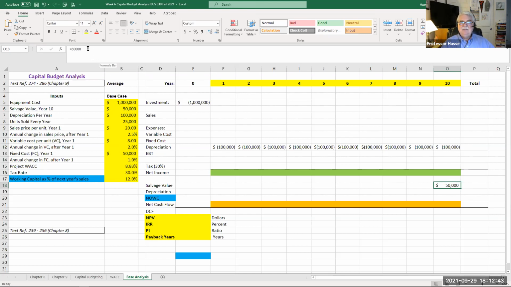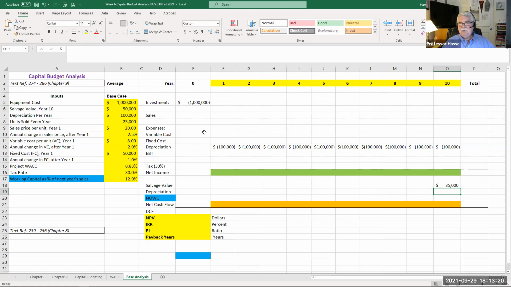So I'm going to take $50,000 and multiply it times 1 minus our tax rate. What's our tax rate? 30%. So I'm going to take 30% off that $50,000, which in fact is $15,000, but I can do it by this equation. I'm going to get $35,000 after tax in my 10th year for salvaging this equipment after I've fully depreciated it over 10 years.